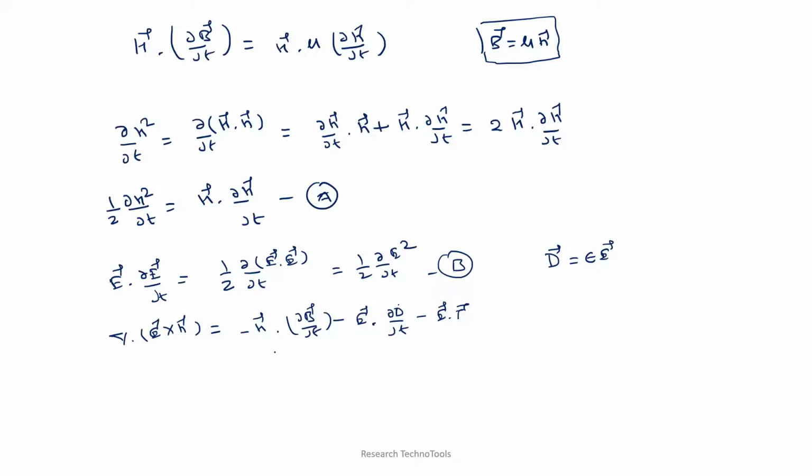So now you can substitute the values here. You can write this equation as minus H vector dot mu del by del t H vector minus E vector dot epsilon del by del t E vector minus E vector dot J vector.